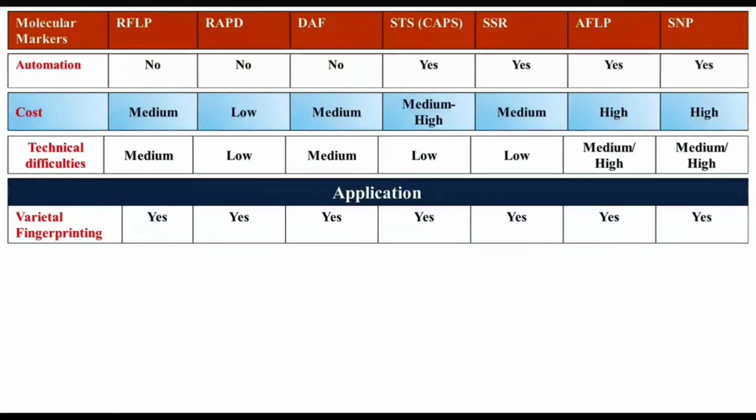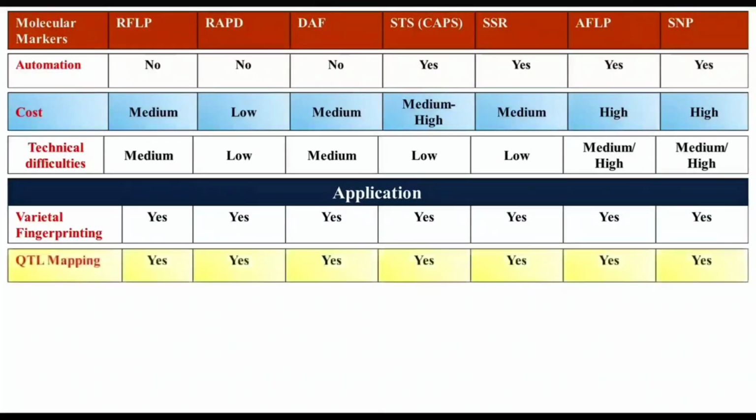Then comes the applications. Varietal fingerprinting. RFLP, yes. RAPD, yes. DAF, of course, yes. Then STS, CAPS, it's yes. SSR, yes. AFLP, yes. And SNP, yes. It's positive for all the cases.